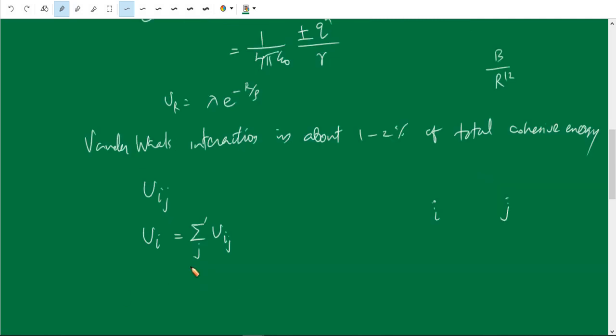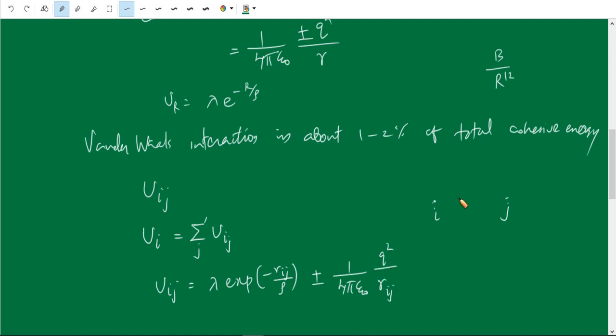Here, what is Uij? Uij is given by lambda times exponential of minus rij divided by rho, where rij is the distance between these two ions, plus or minus 1 by 4 pi epsilon 0 q square by rij.